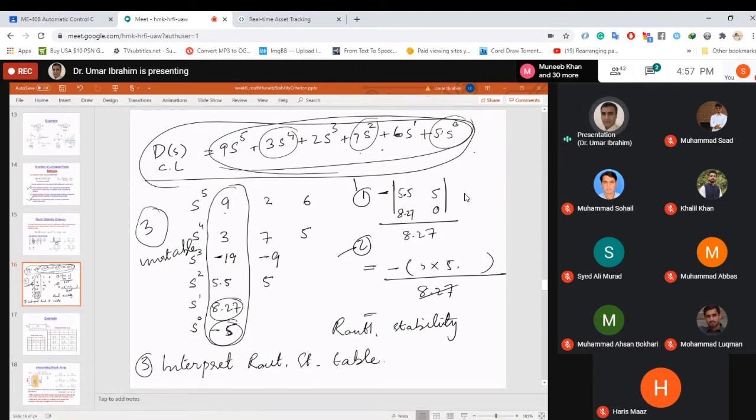The number of sign changes is equal to the number of unstable poles, or unstable roots, of that characteristic polynomial from which we calculated our Routh stability table. Clear hai yahan tak, student? Yes, sir. Clear, sir. Any question? Should I move forward? Let's solve that problem now.